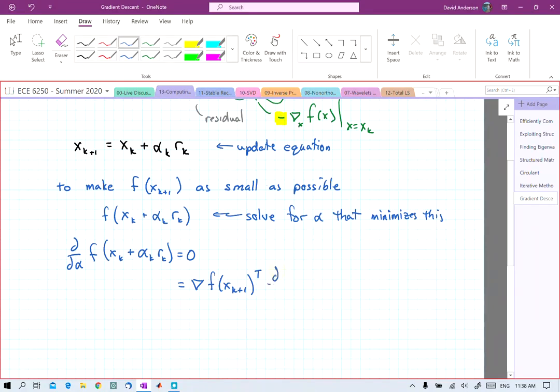One thing that people often have trouble with is remembering how the rules of calculus apply to matrix systems.